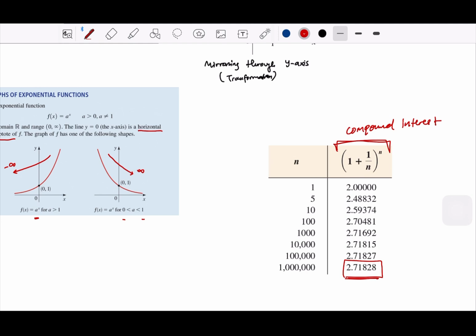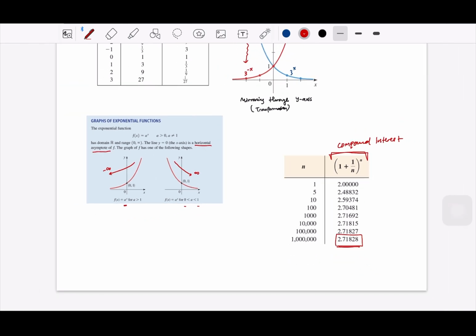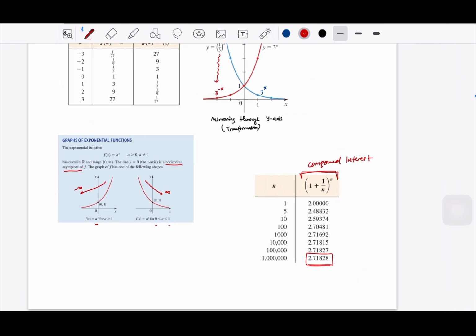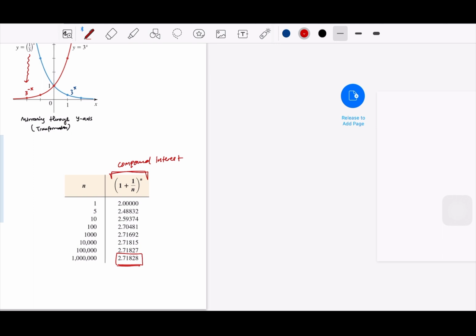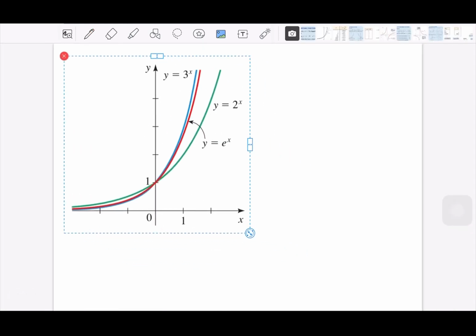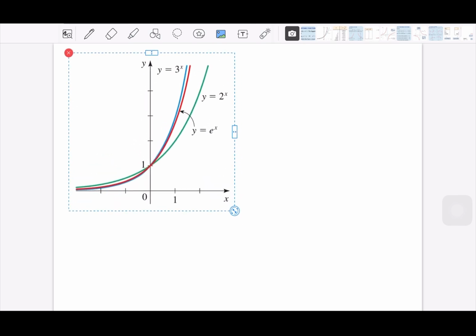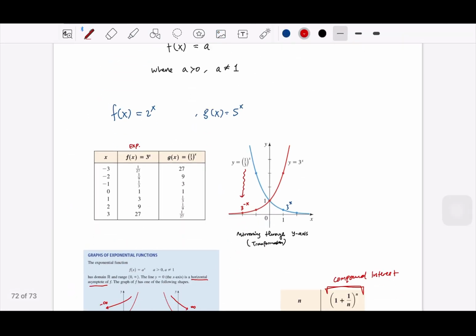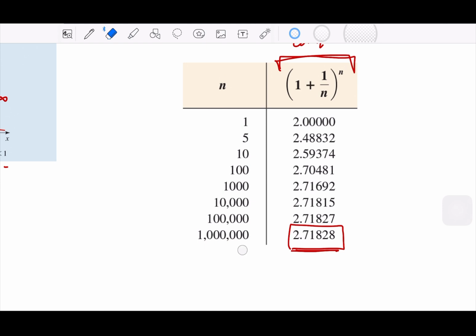We could rewrite this as 1 plus 1 over n with power of n. Remember that when we have this large n, the value is going to be 2.718 something.